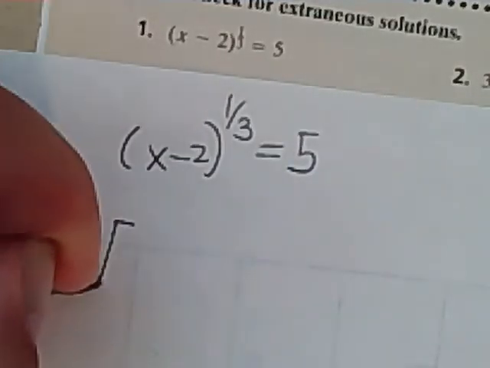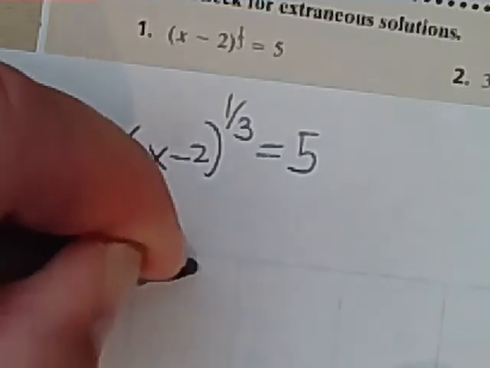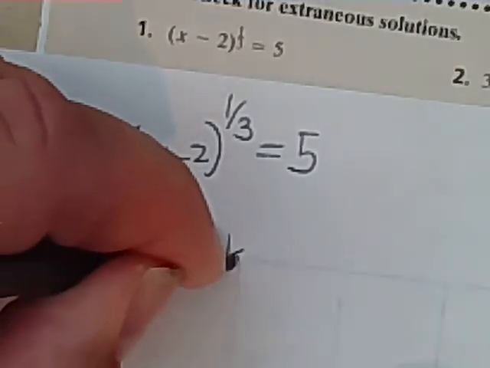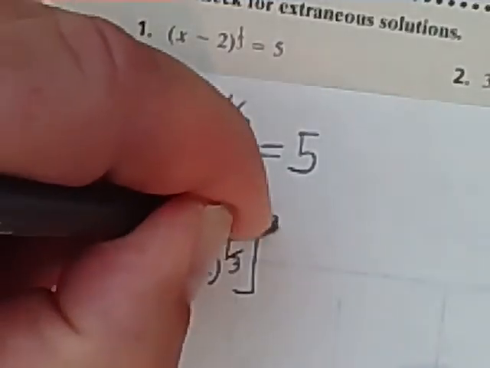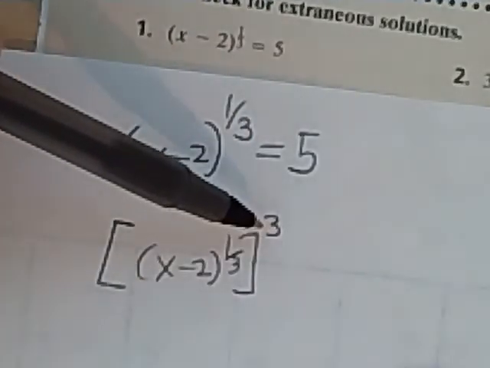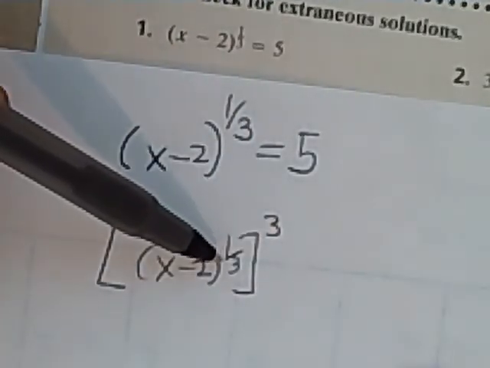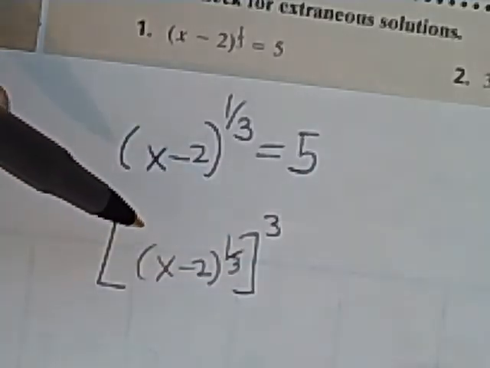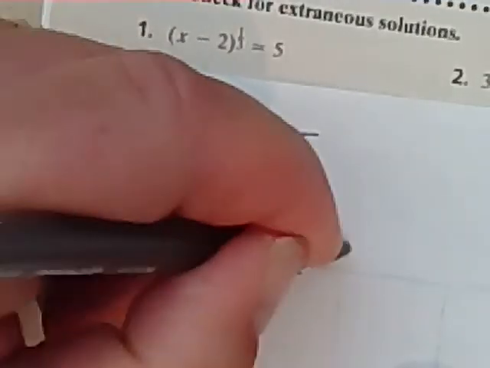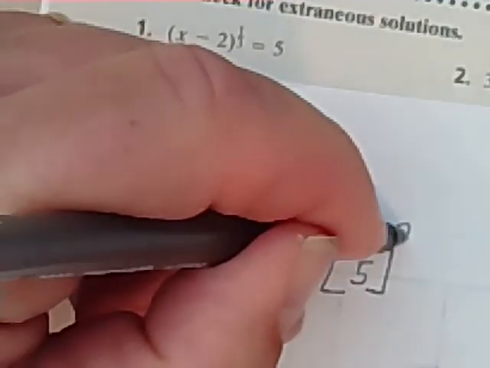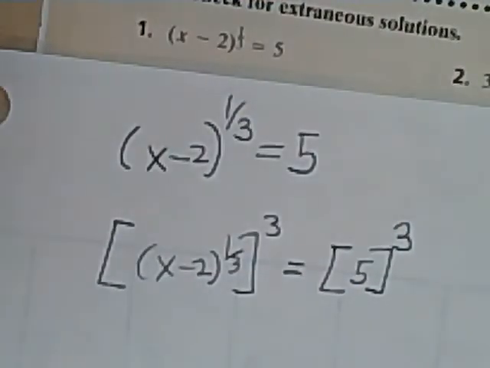So I'm going to take everything on the left, x minus 2 to the 1/3 power, and I'm going to cube it, because this will multiply times 1/3 and make it a 1. Well, whatever I do to the left, I have to do exactly the same thing to the right. So I have to cube 5.